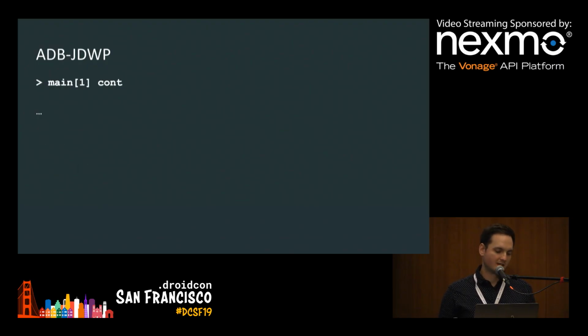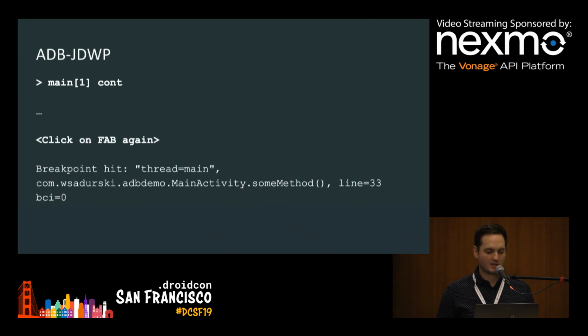If we tell it to continue, then it does nothing because the application just runs and the debugger doesn't catch it on any breakpoint. The message queue is empty, there is no interaction. But if we click on the fab again, then we hit a breakpoint again. So this is exactly how the debugger works underneath. But what we see here is the beautiful UI.